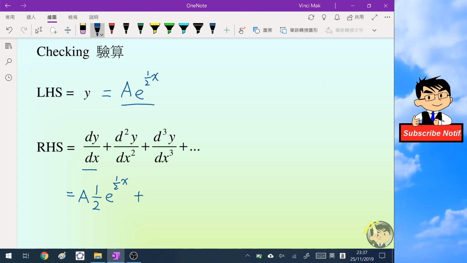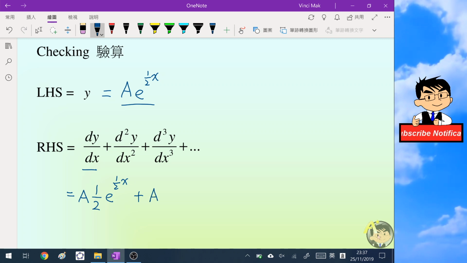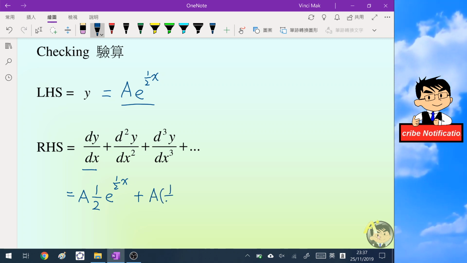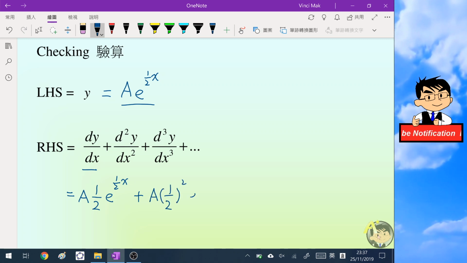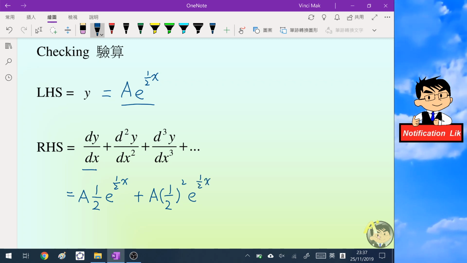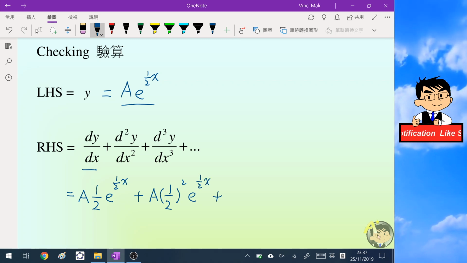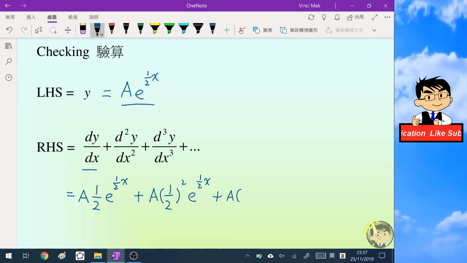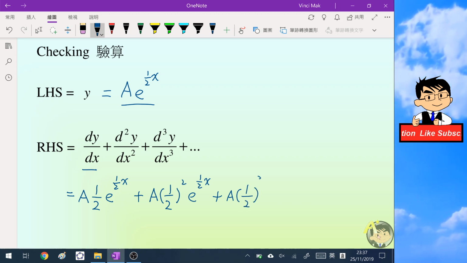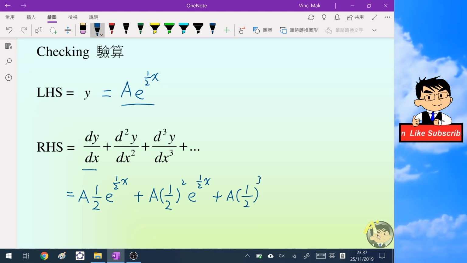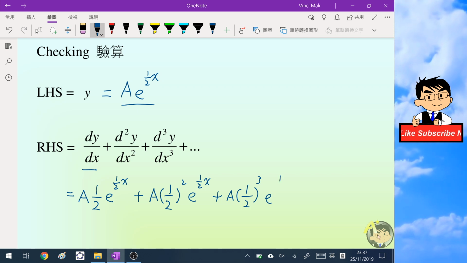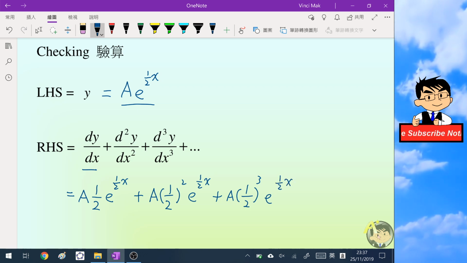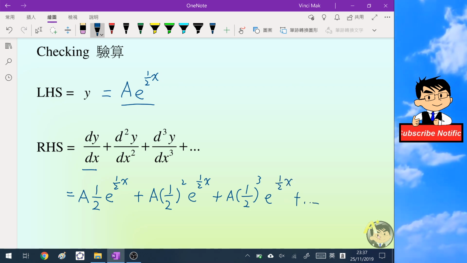We differentiate one more time, which is a times half squared multiplied by e to the power of half x, plus the third one, which is the same with the power of 3 for the half, multiplied by the same thing, and then plus dot dot dot.